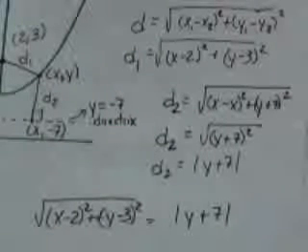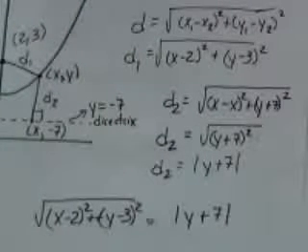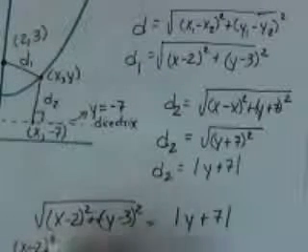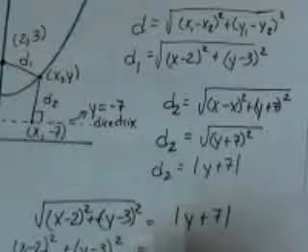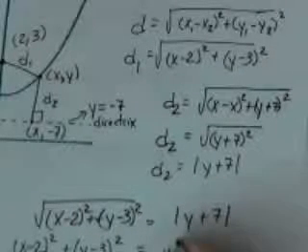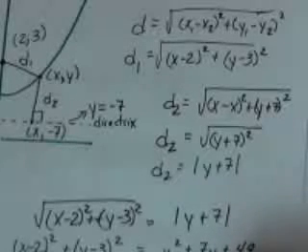Well, in order to simplify this, I am going to square both sides. So I'm going to end up with x minus 2 quantity squared plus y minus 3 quantity squared equals y squared plus 7y plus 49. Now remember, I only wanted the absolute value.